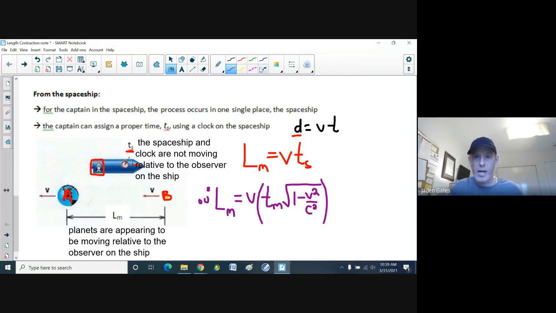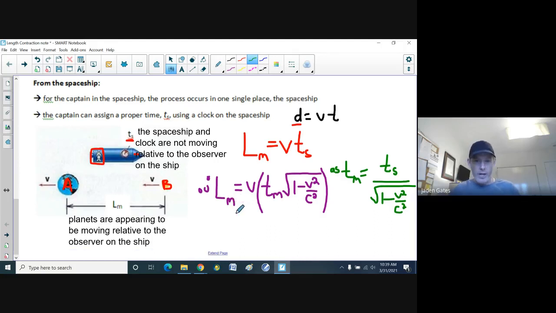And again, that's just as earlier today. I just rearranged the formula because we had TM is equal to TS divided by the square root of 1 minus V squared over C squared. So I just rearranged this formula there. So now I plug that in.